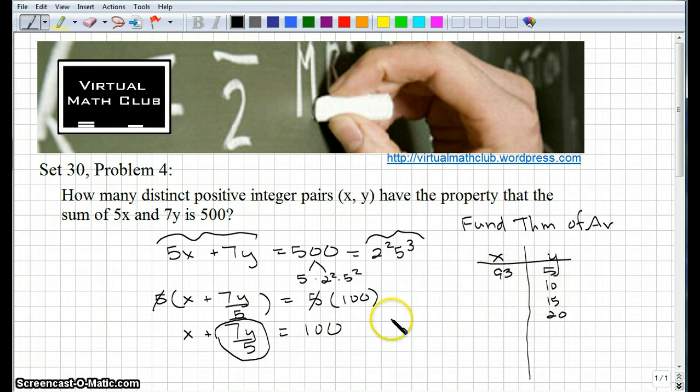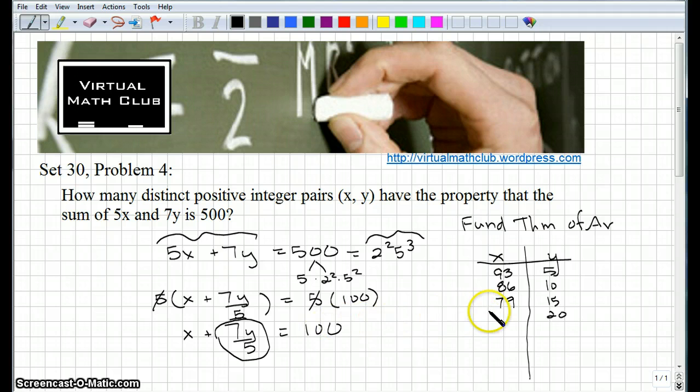Now let's try 10. Then we would have 14, so x plus 14 is equal to 100. If we subtract 14 from both sides, we'll get an x of 86. If we use y equals 15, we get 15 over 5, which is 3, times 7, which is 21. So if we subtract 21 from 100, then we get 79.